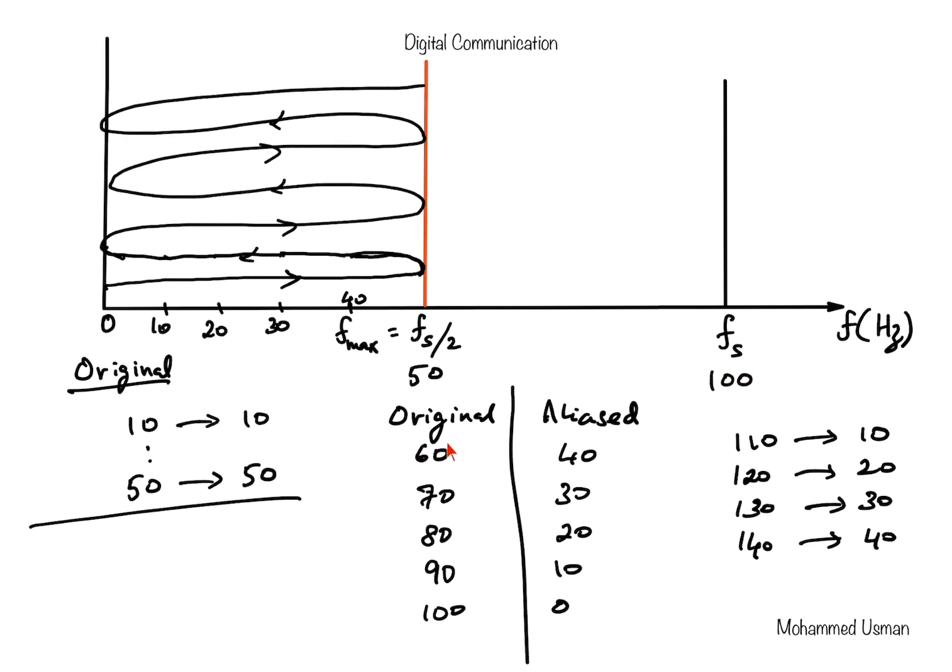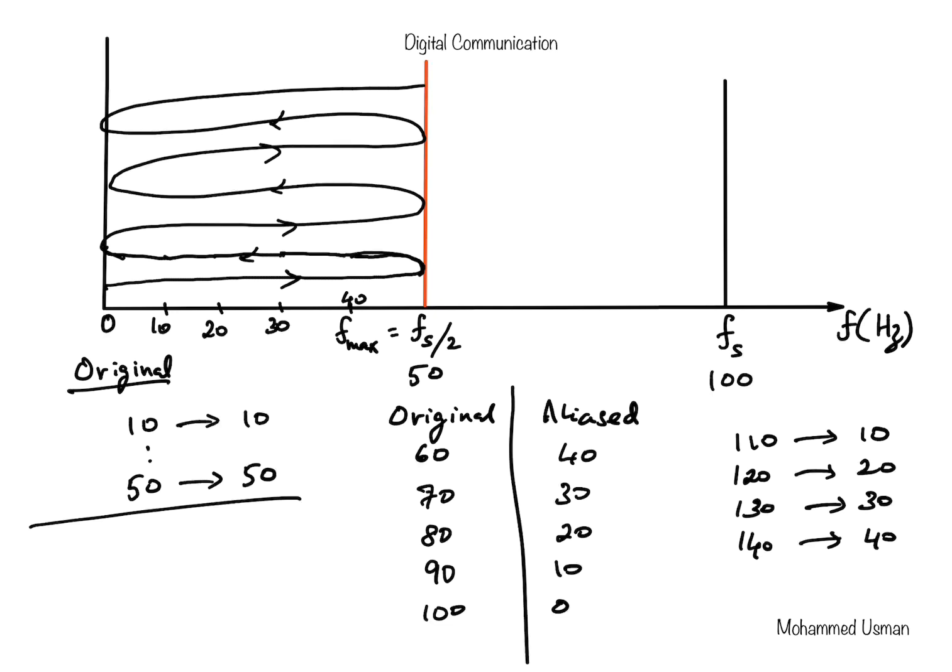So for 60 Hertz and 70 Hertz and 80 Hertz, for all these frequencies above 50, the Nyquist sampling criteria is not satisfied, and therefore all these frequency components get aliased and get translated onto lower frequencies when the reconstruction takes place from the discrete signal back to the continuous signal. So the process of sampling, if it is not done by following the Nyquist sampling theorem, then we'll have aliasing.